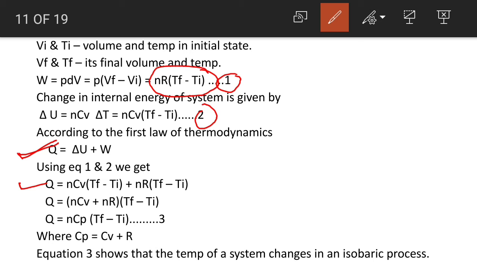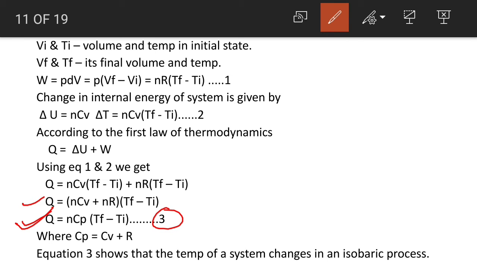Therefore Q is equal to (Tf minus Ti) into (nCv plus nR). So Q is equal to nCp into (Tf minus Ti), because Cp is equal to Cv plus R. Therefore Q is equal to nCp into (Tf minus Ti).